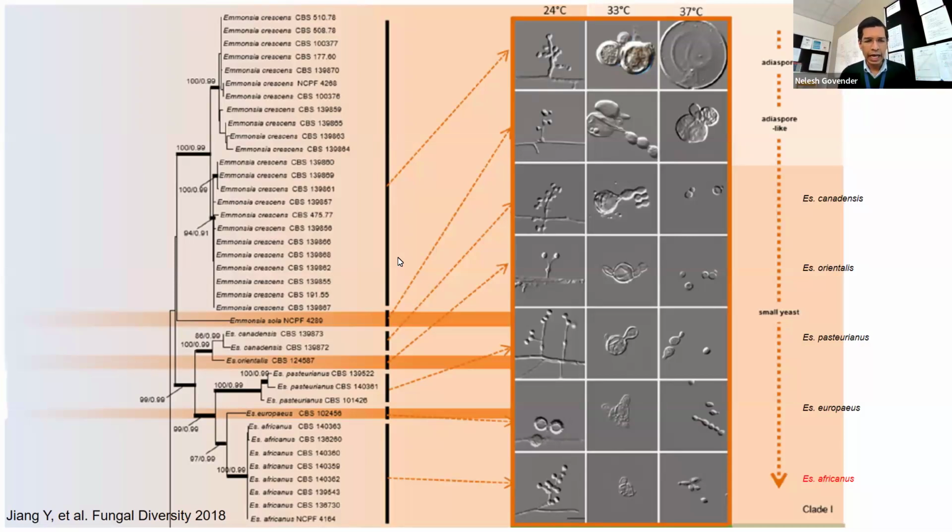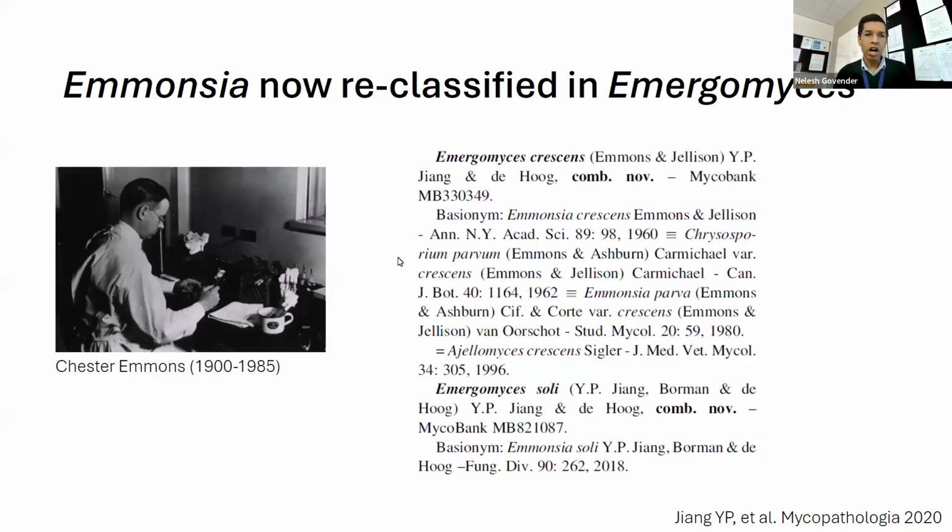If you look at the morphology of these fungi, you'll see that Emmonsia crescens has those very large adiaspores at 37 degrees Celsius, shown in this picture on this phylogenetic tree. As you go down towards the Emergomyces species, you see more the typical budding yeast cells. But ultimately, on further taxonomic examination, and given that there probably is quite a wide morphological variation within this genus, the entire Emmonsia genus was collapsed and reclassified as Emergomyces.